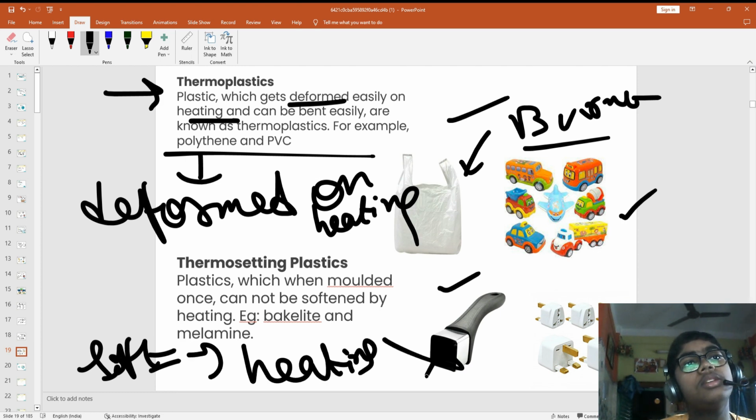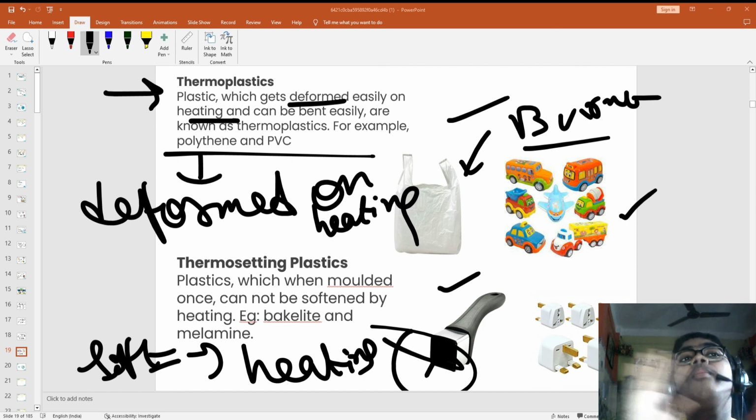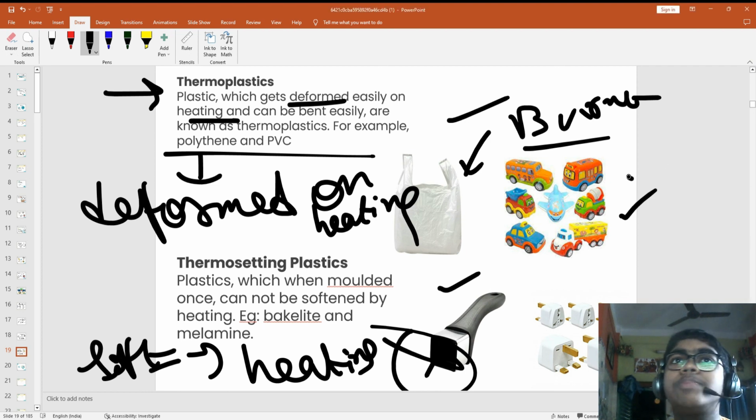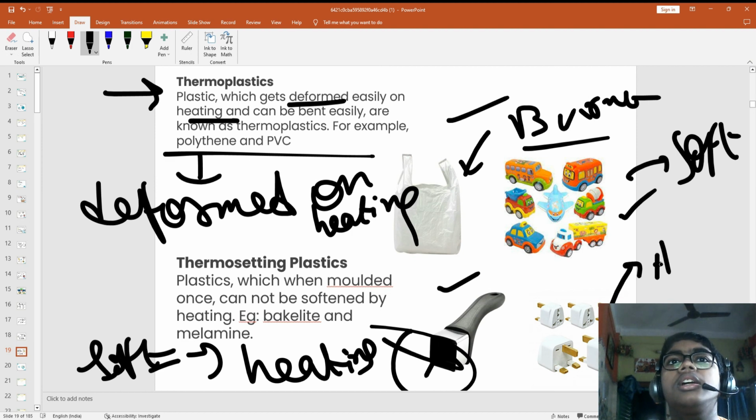So what are we saying? Thermoplastics are the plastics which get deformed easily on heating; they change into another structure. But thermosetting plastic, once molded, cannot be softened by heating. So one more thing we can understand: these plastics are generally harder than the thermoplastics.